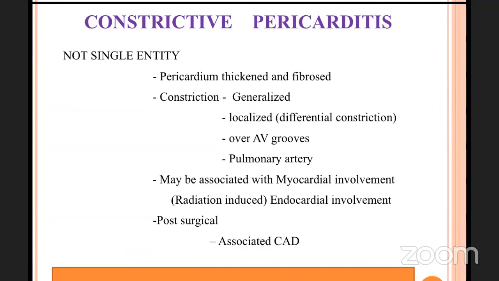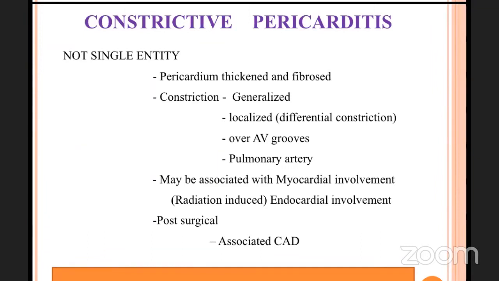But common to all this, what we call complex constrictive pericarditis, is that the pericardium is thickened, fibrosed, and very tense. And since the pericardium is a generalized disease here, there is generalized constriction, affecting both the right side of the heart as well as the left side of the heart. Although occasionally there may be a localized constriction around the AV groove, that's a bit uncommon.